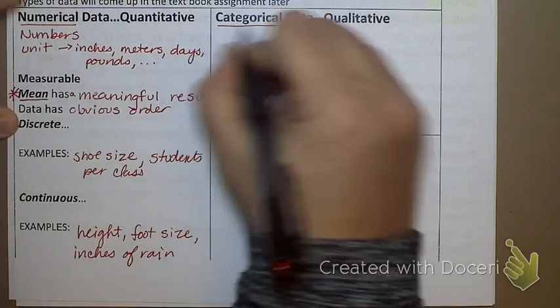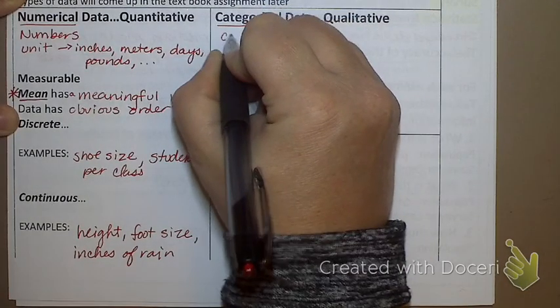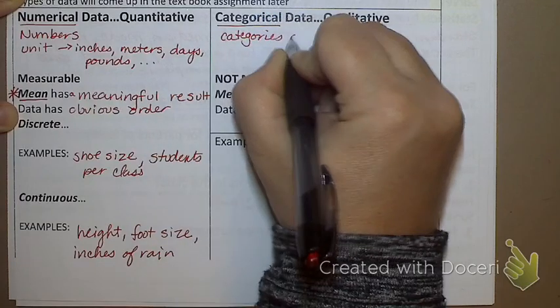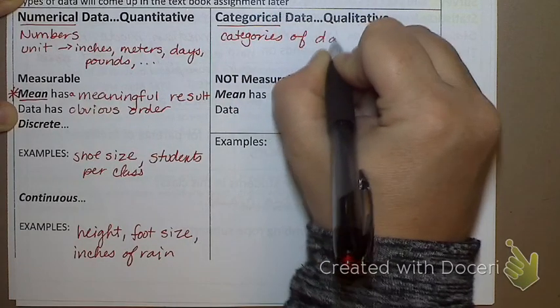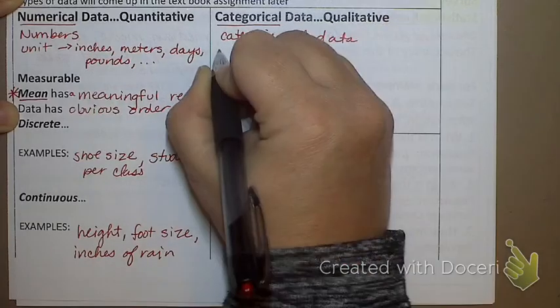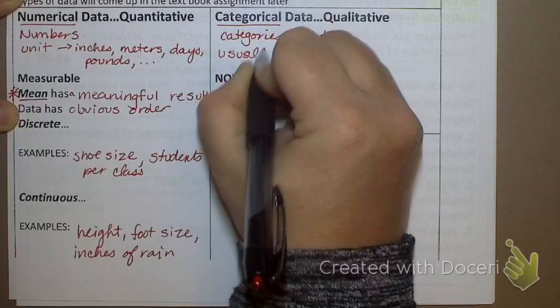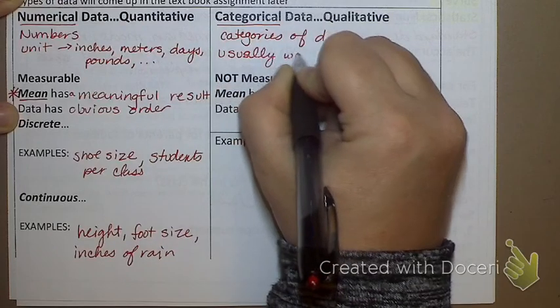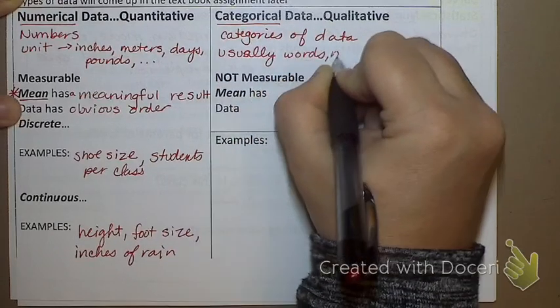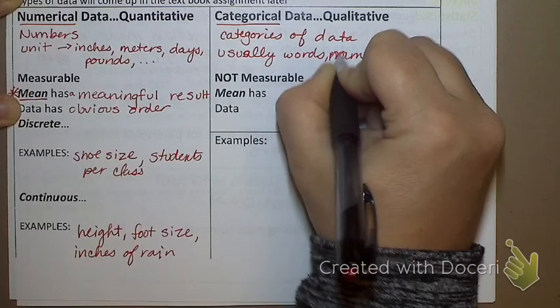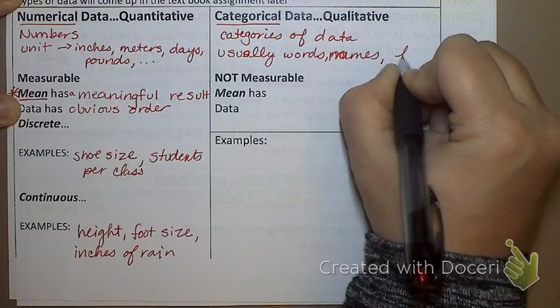So categorical data is categories of data. It is usually words, names, N-A-M-E-S. I'm having trouble spelling today. Names, labels.